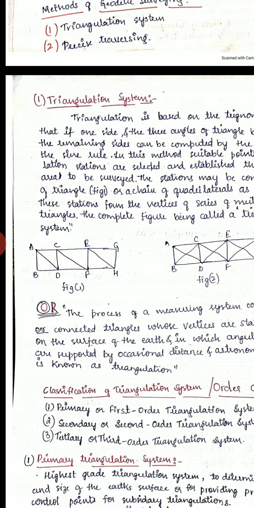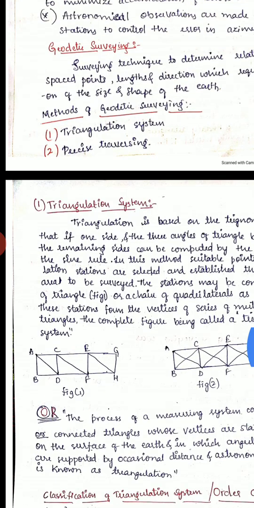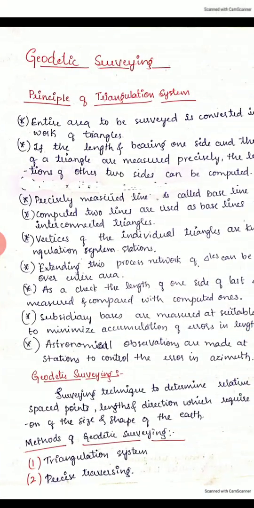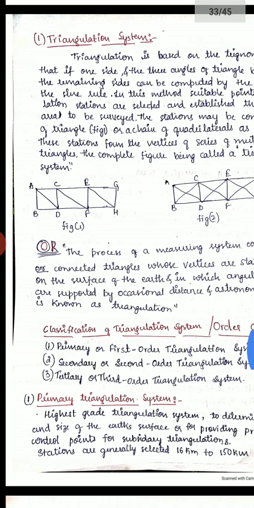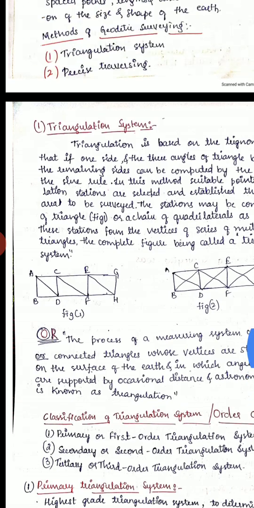Some principles of a triangulation system. First one is, the entire area to be surveyed is converted into a framework of triangles. See here, in figure 1, we survey the entire area and it makes a framework of triangles.